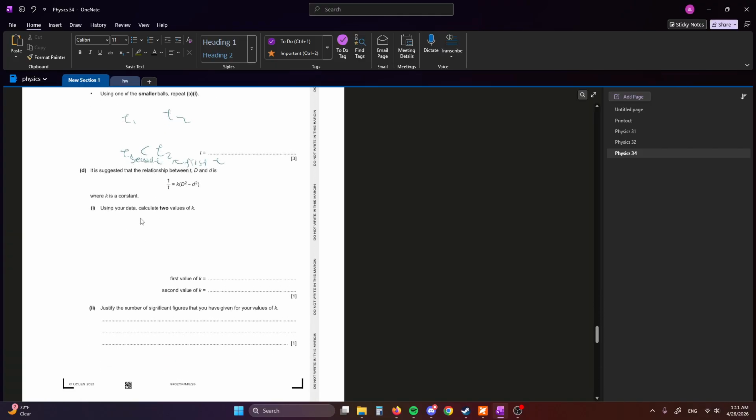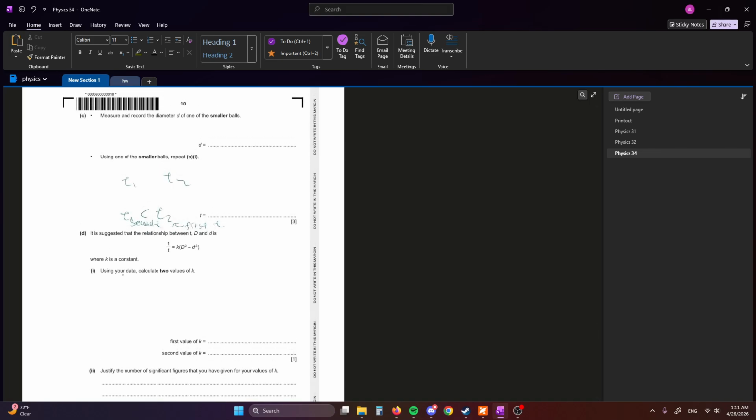And then using your data, calculate the 2 values of K. So just 1 over T, plug in T, you have K, D squared minus D is this, and then just plug in these values.